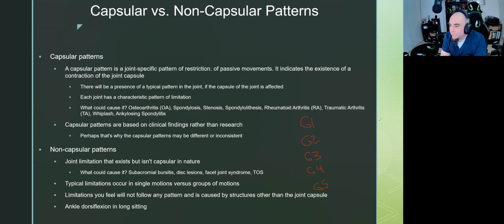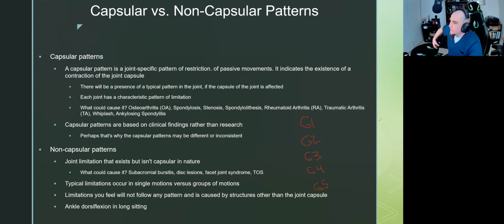So Alec asks, does this only apply to passive movement, or is it active movement as well? Typically, if a patient has a capsular pattern, they're limited in active movement, but we can move them passively through the movement. Say the patient has limitations in the shoulder, flexion, abduction, and internal and external rotation. The patient says, I can't reach behind my back.